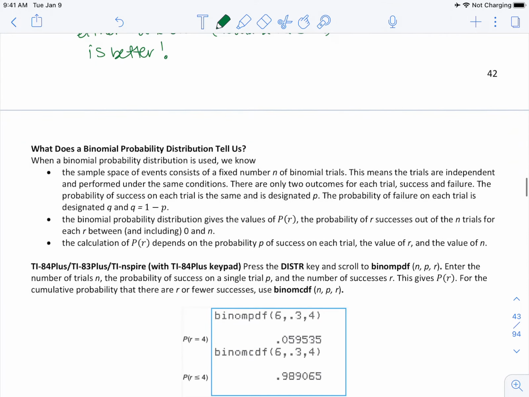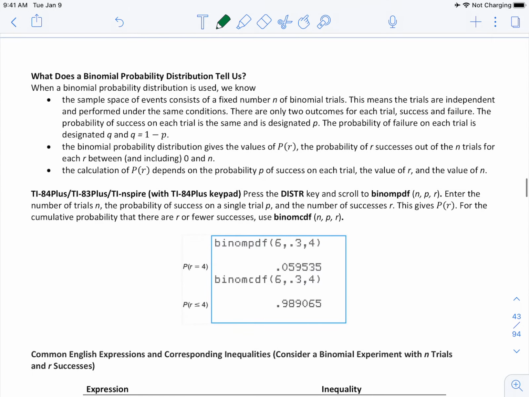What does the binomial probability distribution tell us? When a binomial probability distribution is used, we know that the sample space of events consists of a fixed number n of binomial trials. This means the trials are independent and performed under the same conditions. There are only 2 outcomes for each trial, success and failure.